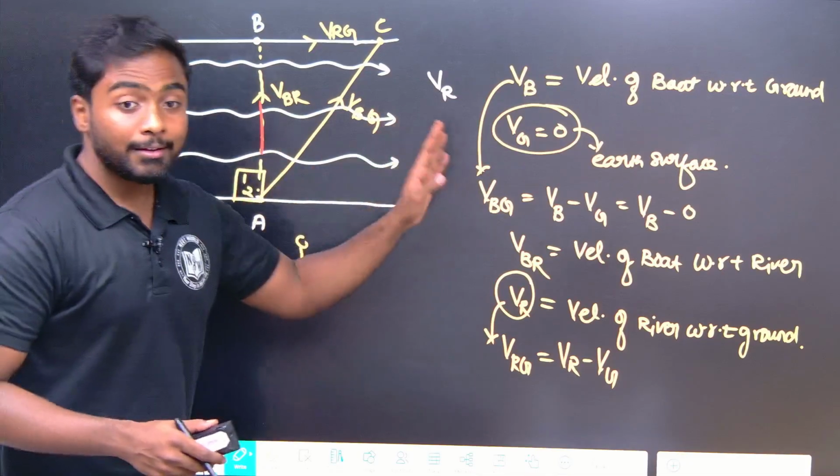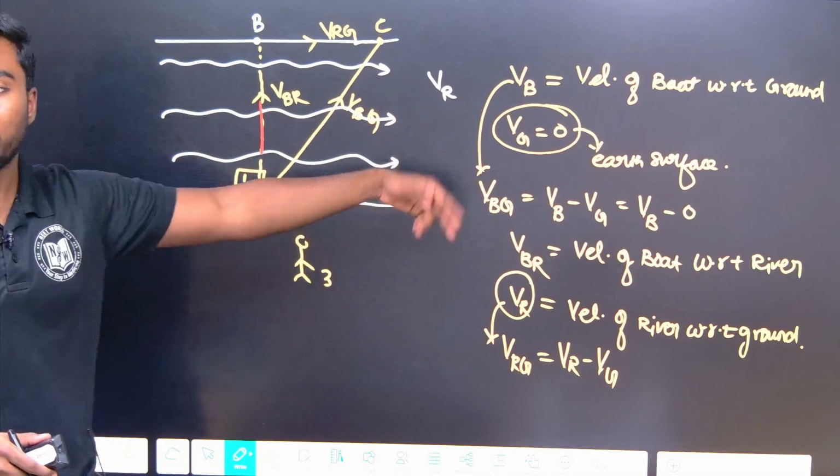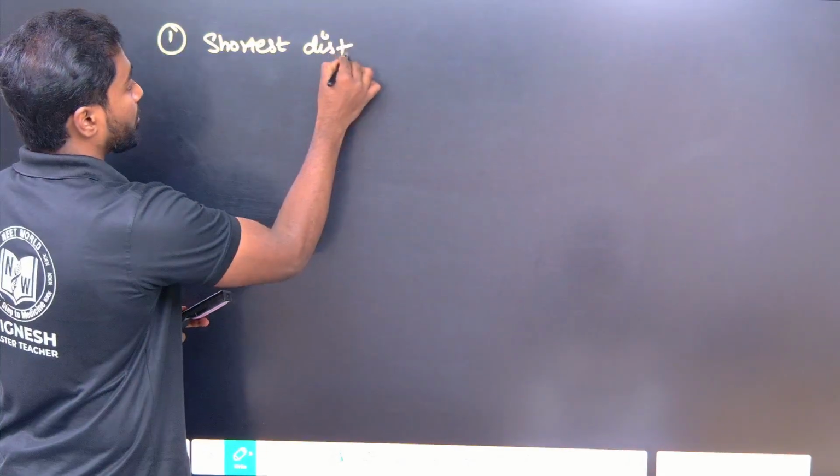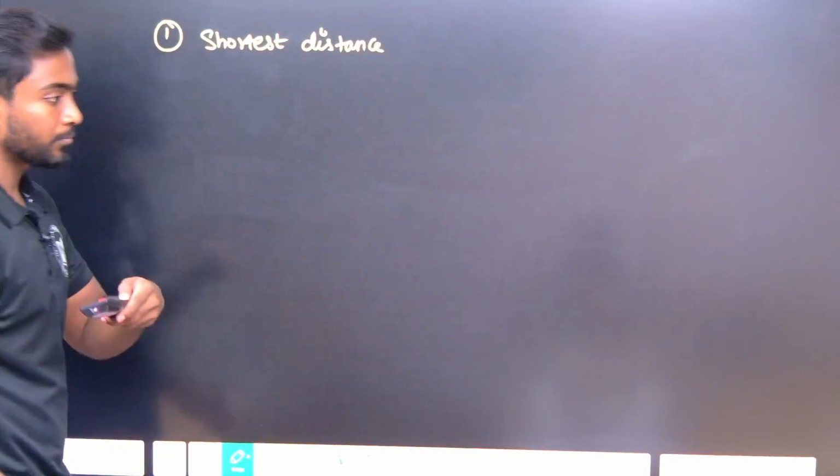These are the terms which we are going to use in the upcoming topics. Now we will go to shortest time or shortest distance. First we will complete shortest distance.